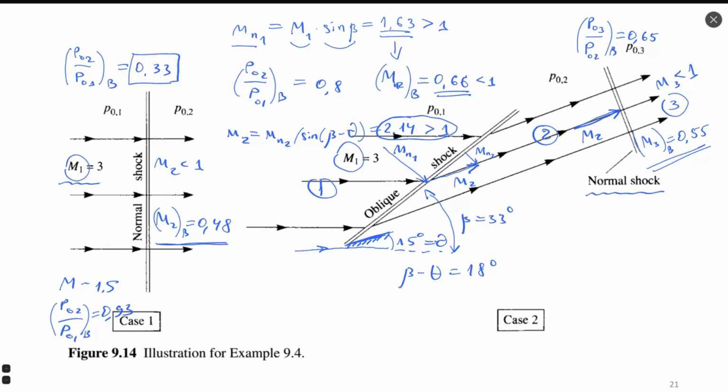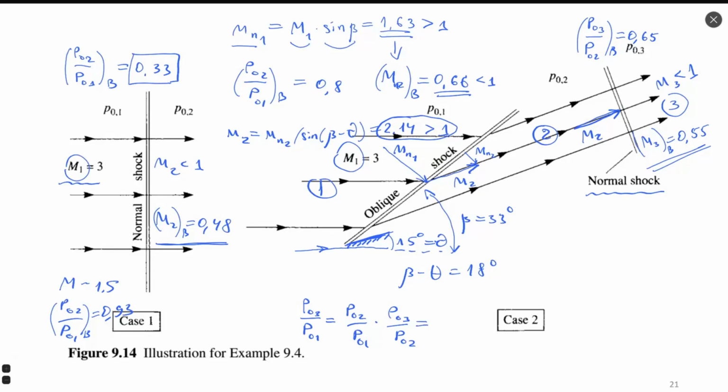Now I would like to calculate total efficiency in case 2. To calculate total efficiency, P03 divided by P01, I will multiply P02 over P01, the efficiency of transition on the oblique shock wave, by P03 over P02, the efficiency of transition on the normal shock wave.